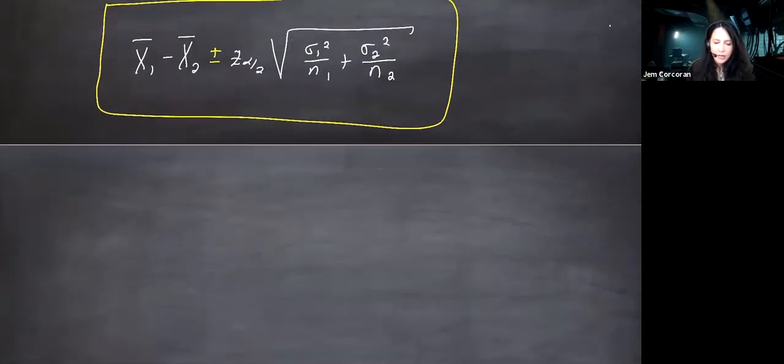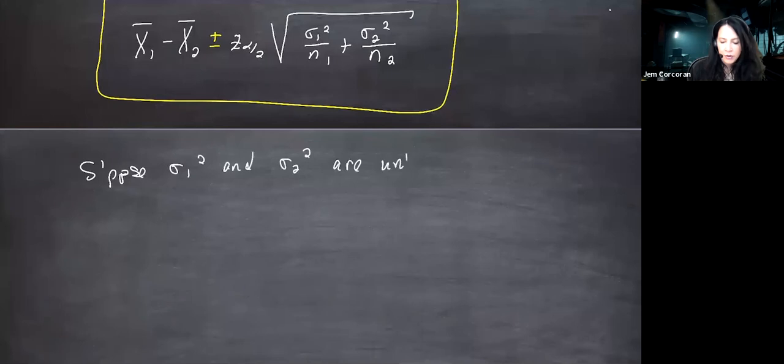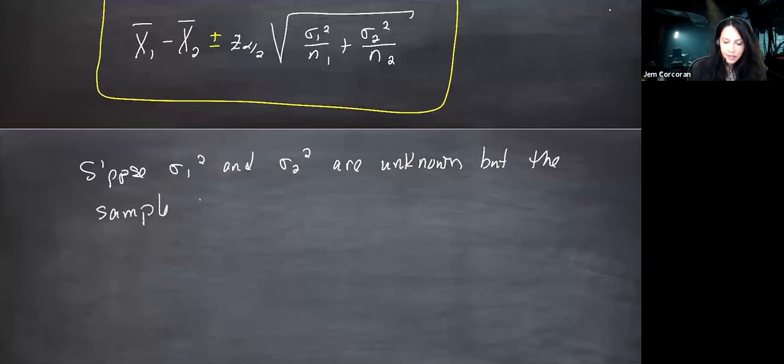Okay, so here's what I want to say. Suppose that sigma 1 squared and sigma 2 squared are unknown, but the sample sizes N1 and N2 are large. Both of them.